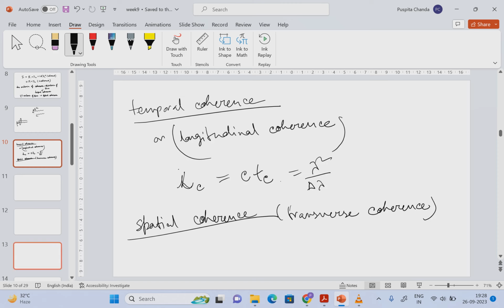It describes how far apart the two sources, or portions of the same source, can be located in a direction transverse to the direction of observation and still exhibit coherent properties over a range of observation points. This is sometimes also referred to as lateral coherence. Transverse coherence, lateral coherence.